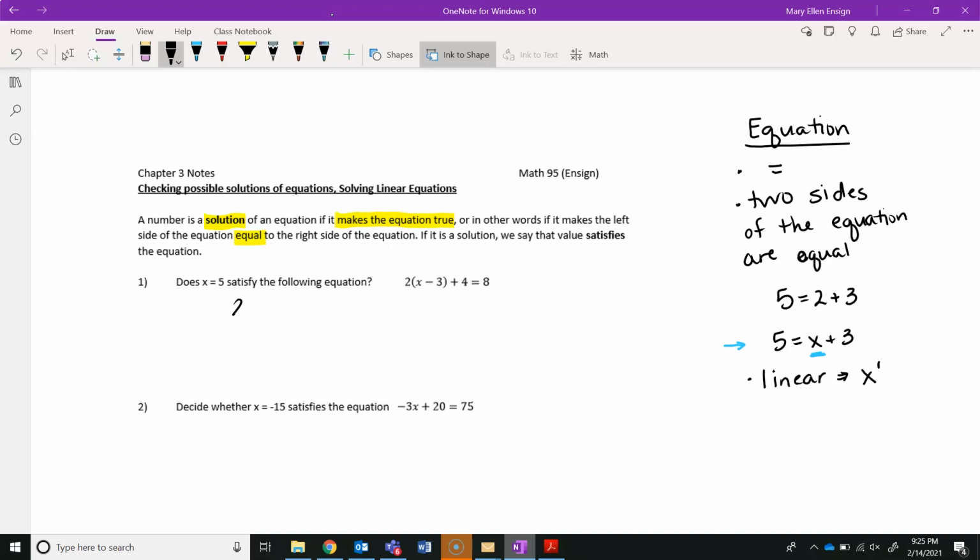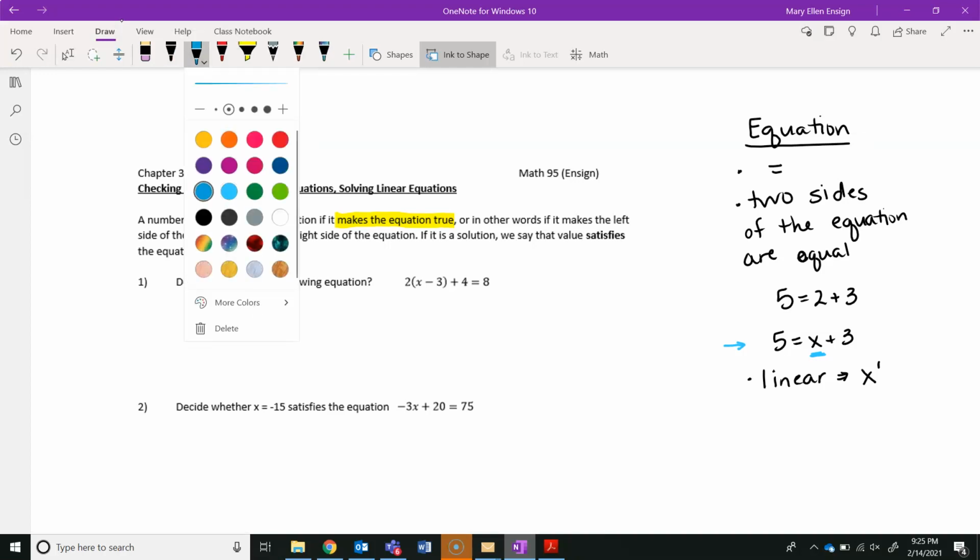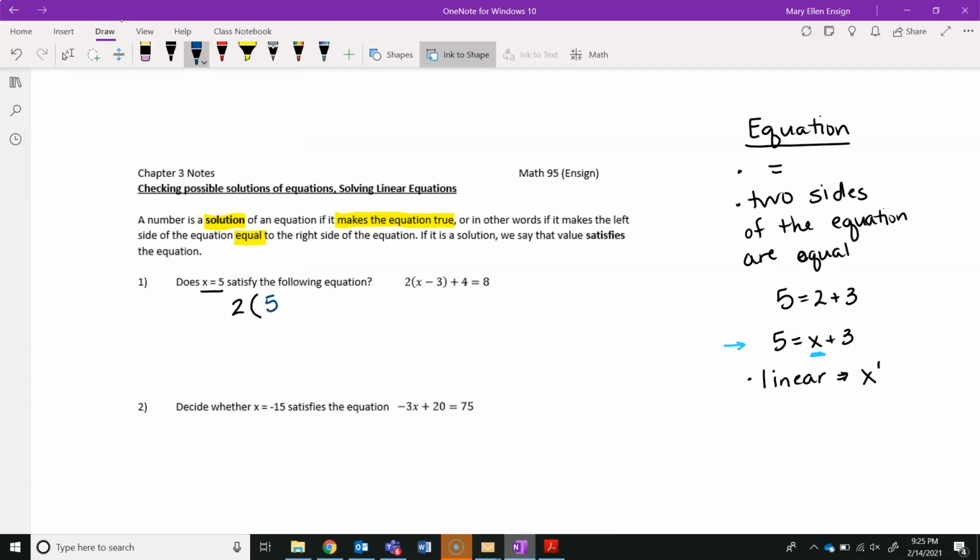So one way we can do this is we can substitute in, I'm just going to write it in a different color, the value. Oops, it's not supposed to be 2, is it? Let's try that again. So my x is going to be 5, so I'm going to substitute in 5 where x is, and then rewrite everything else.